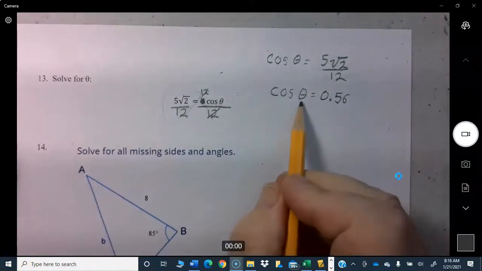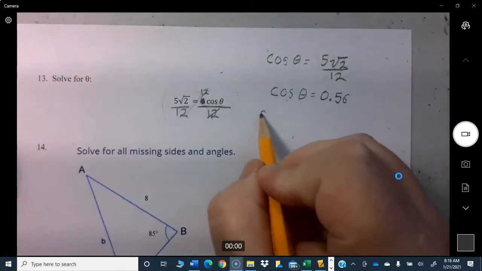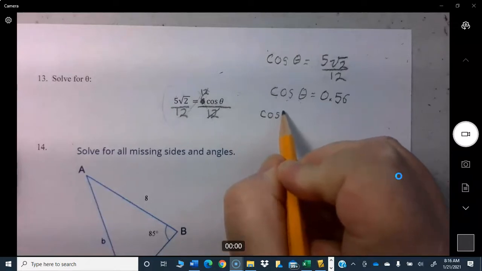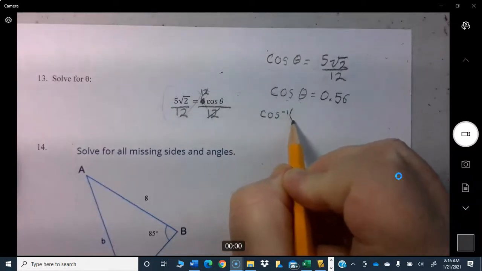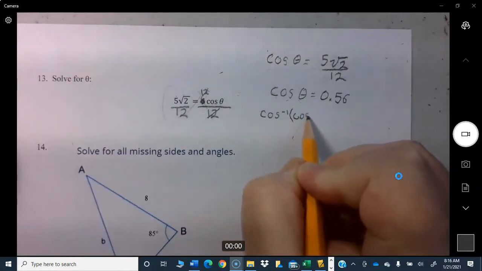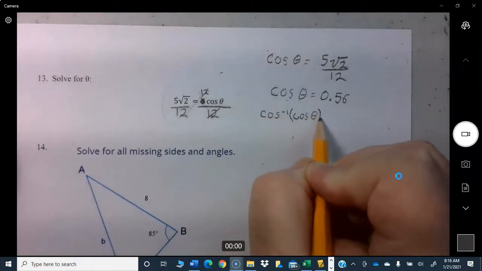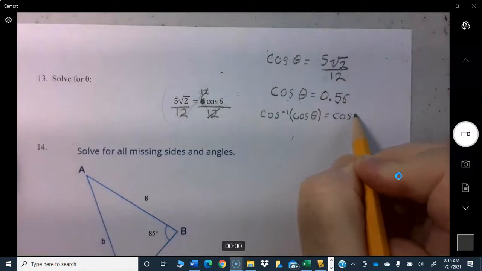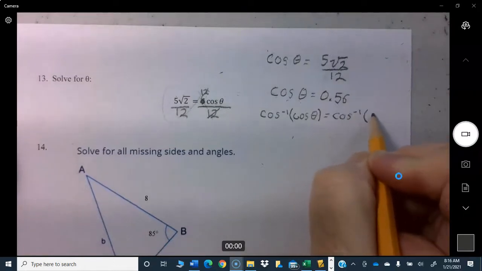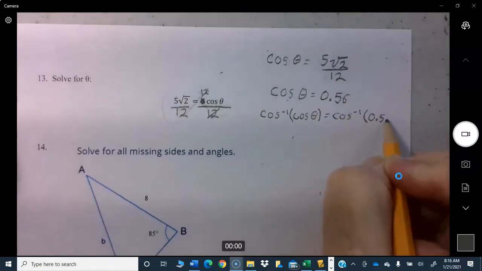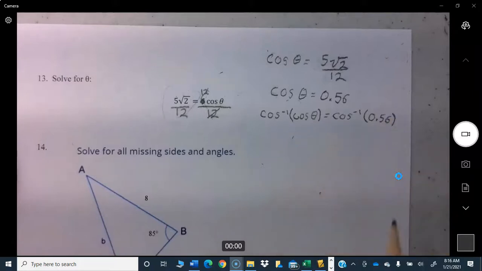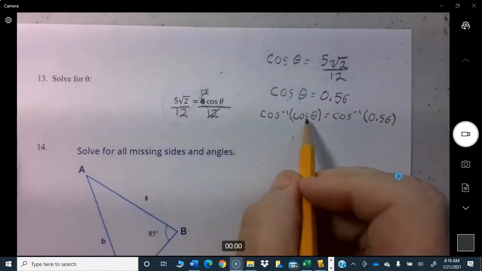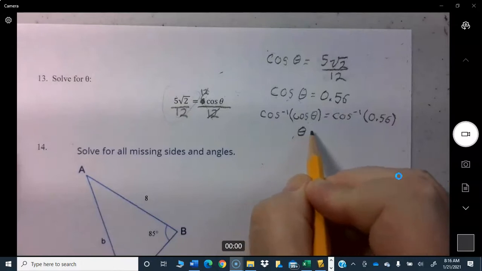Okay, so now to get this out of the cosine, I have to use an inverse cosine. So I have to use the inverse cosine on the other side as well. Inverse cosine of cosine simply gives you theta.